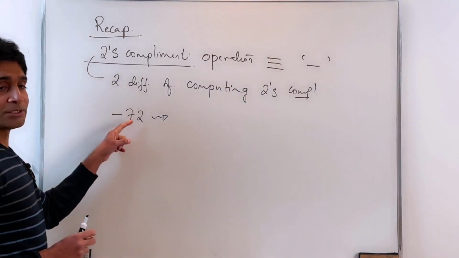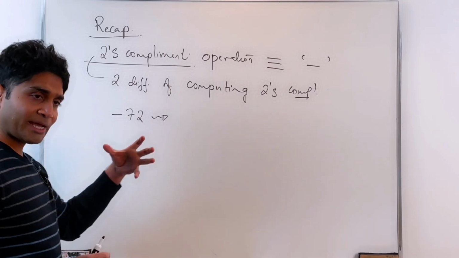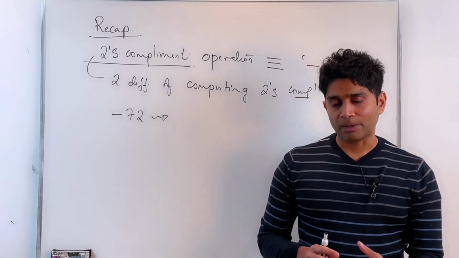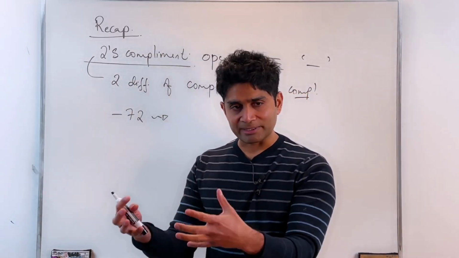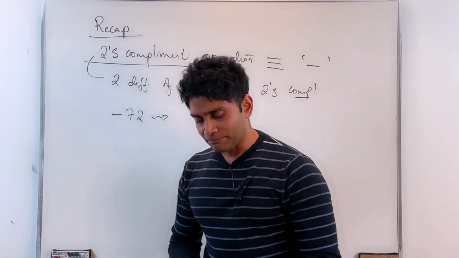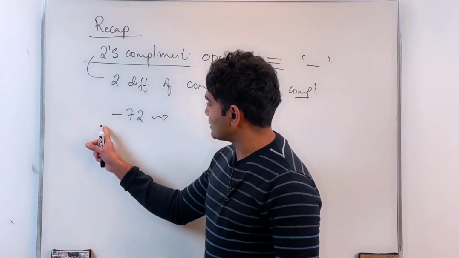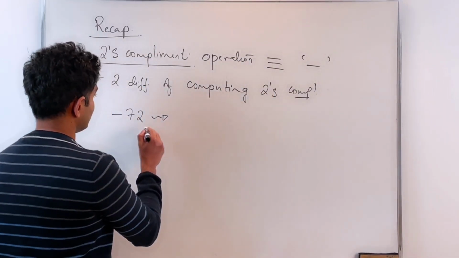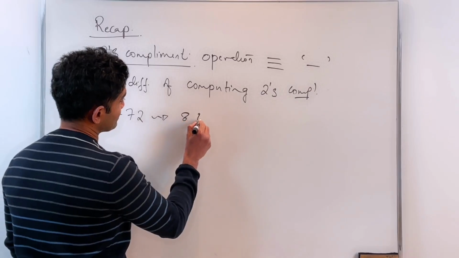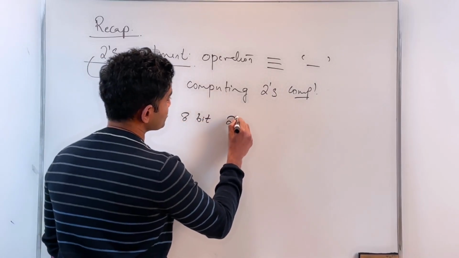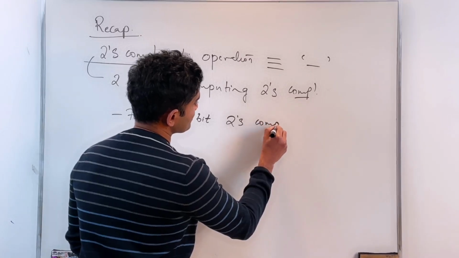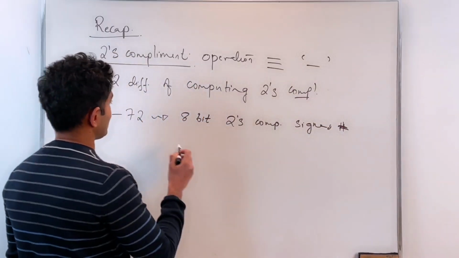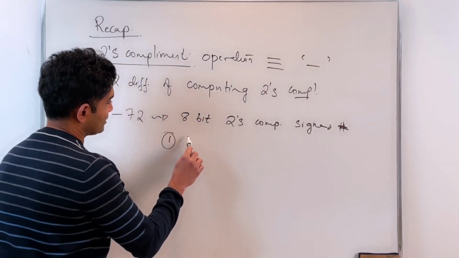I would convert the positive 72 into the 8-bit binary number first, and then I would apply the two's complement over that binary number to obtain the negative 72 representation. So it's two steps. If I want to convert that into an 8-bit two's complement signed number, I would do step 1.